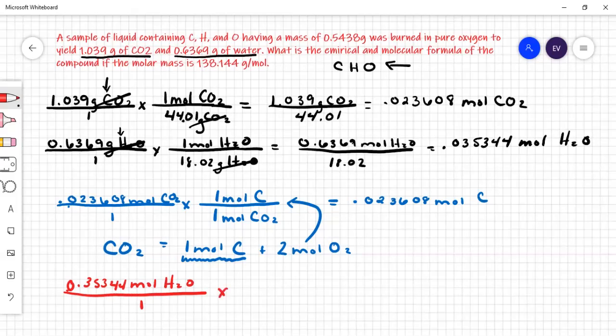Now I know that in 1 mole of H2O, there are 2 moles of hydrogen.